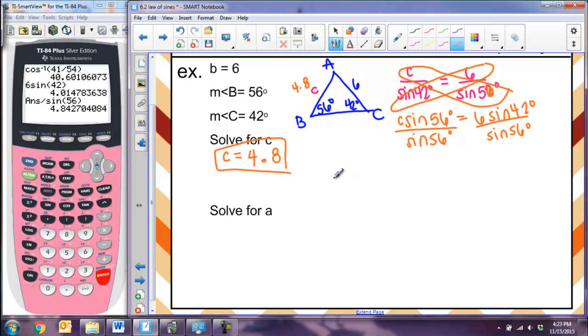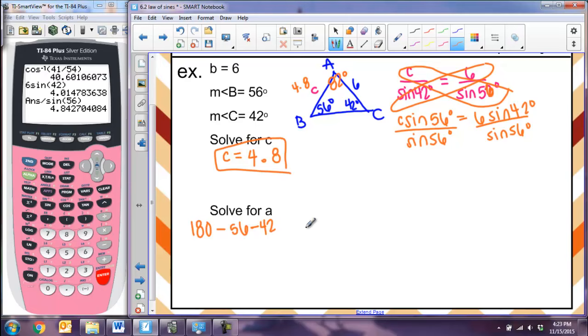However, I can use that the angles in a triangle add up to 180 degrees. So if you take 180 minus those two angles, 56 and 42, you can find that last angle, which is 82 degrees.